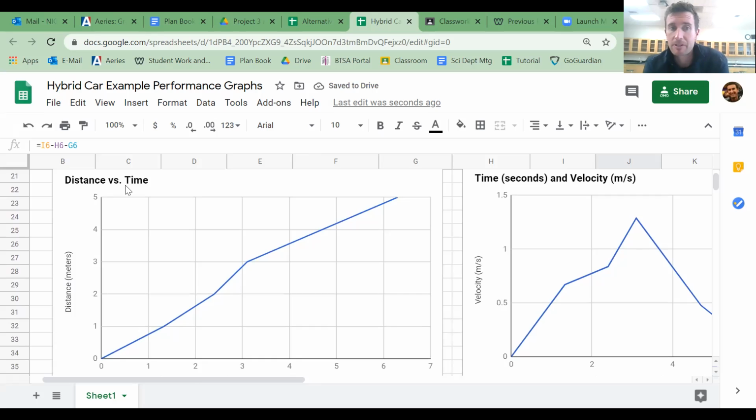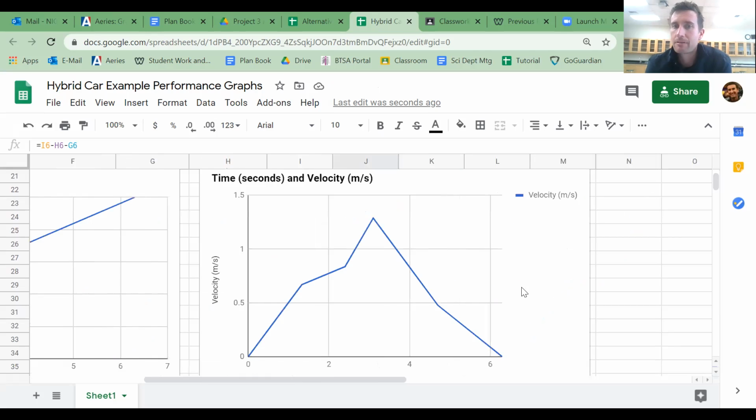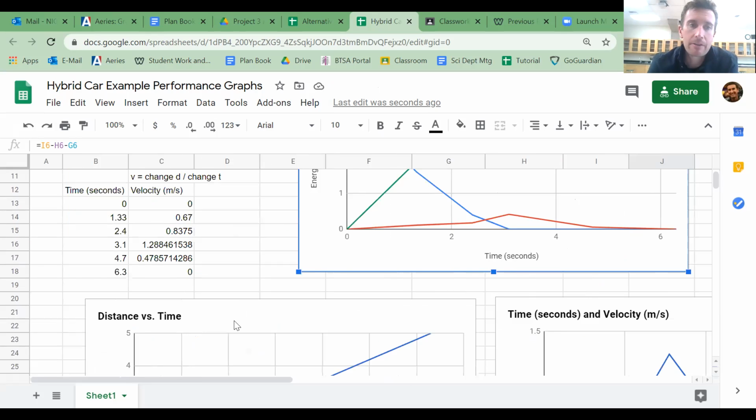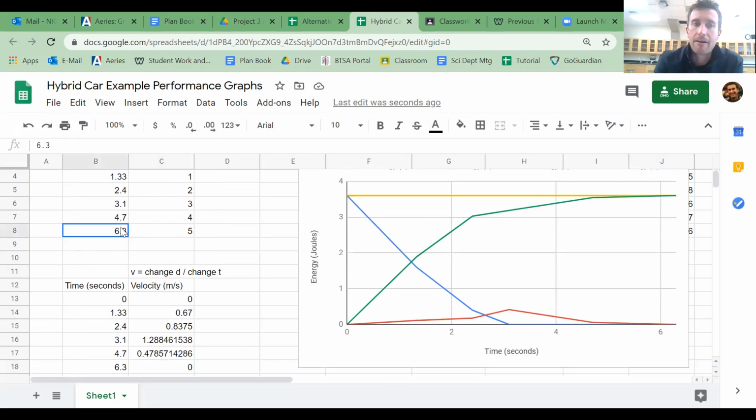I've graphed my distance versus time, showing that it goes further the longer I go along. I've graphed my time and velocity. So it shows that it goes faster, faster, faster, and then slows down at the end and comes to a stop, right? It comes down and brakes at the very end. So that's another thing, is that at the very end, at 5 meters, I have come to a stop. My velocity is back down to 0 at the end because I stopped at 5 meters.